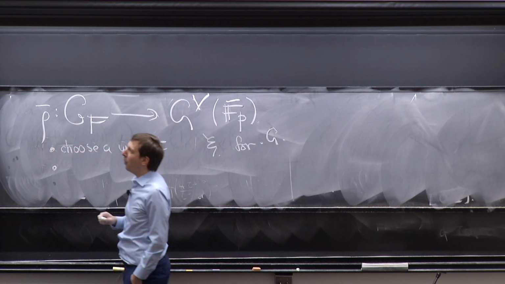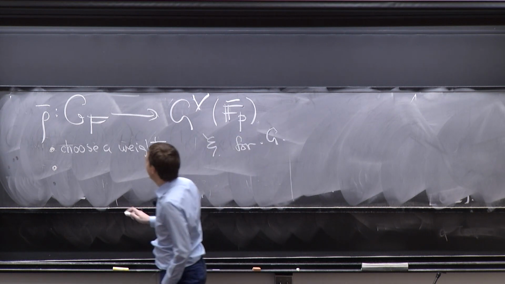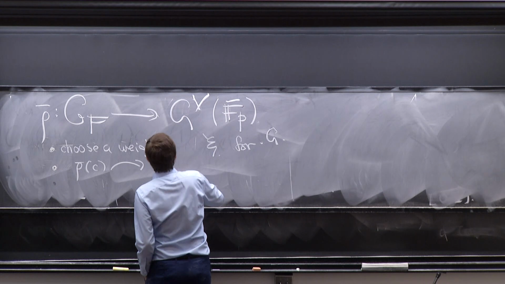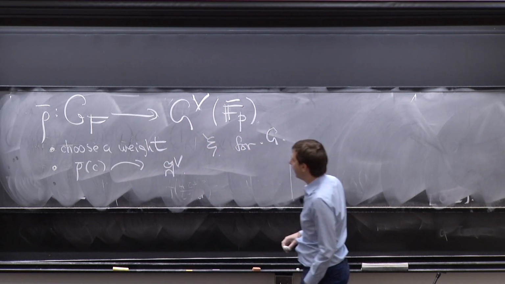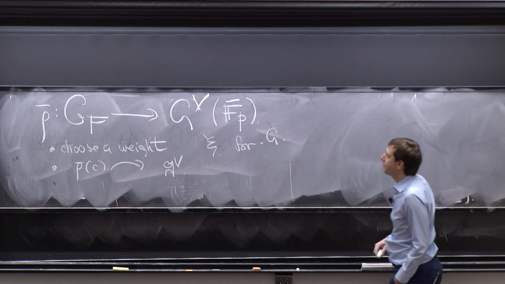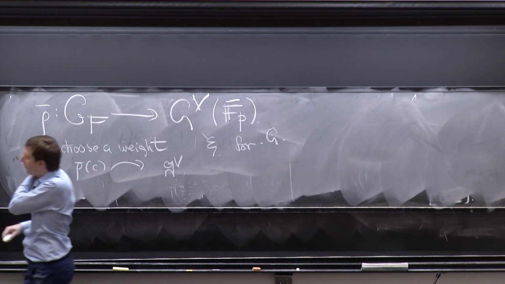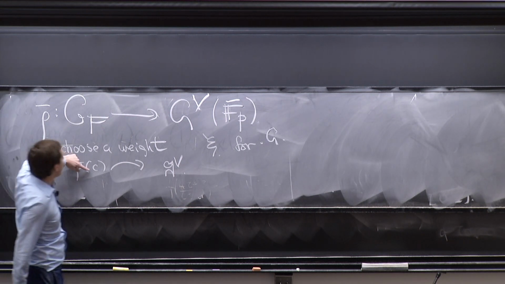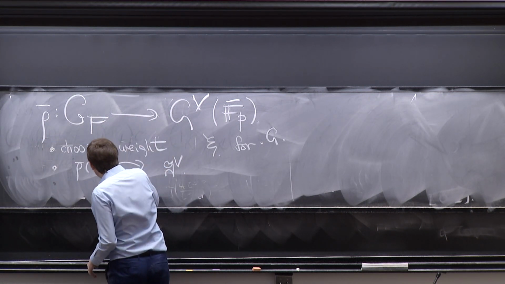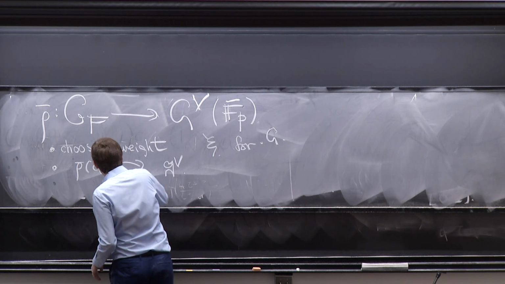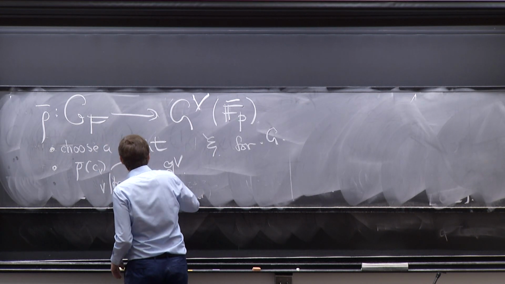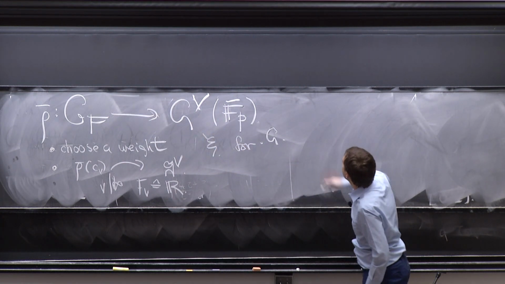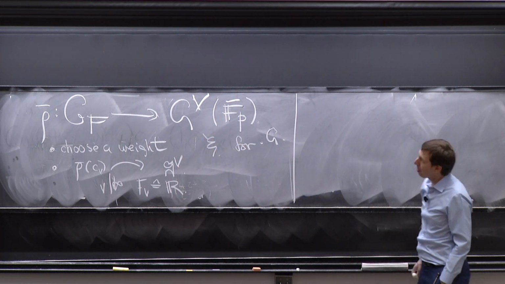Another piece of data that's important is what complex conjugation is. So I can think of complex conjugation as acting via the adjoint representation on the Lie algebra g hat. Okay, and these are basically the two pieces of data that we need. And then we can ask, with such a rho bar, of course this only makes sense here for v dividing infinity, where F_v is isomorphic to R. Right? There's no complex conjugation at complex places.